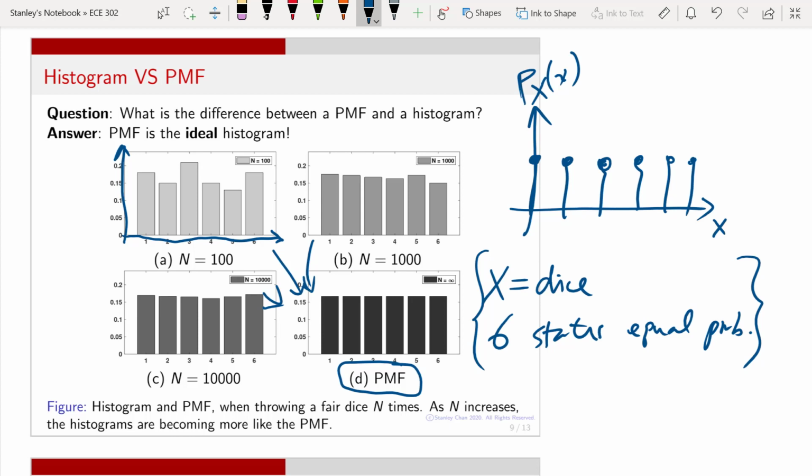So the difference between a PMF and a histogram is that the histogram always comes from a data set, which is a finite collection of data points. A PMF is generated from the random variable, and implicitly it assumes that you have infinitely many trials. And therefore, the histogram will converge to this true PMF as n goes to infinity. Therefore, we call the PMF the ideal histogram.